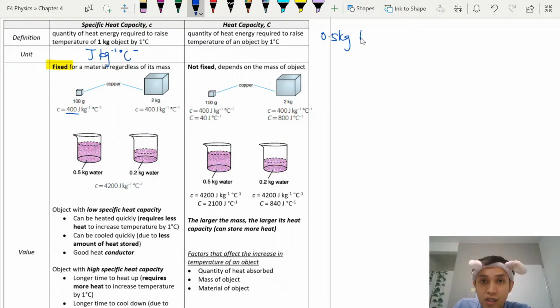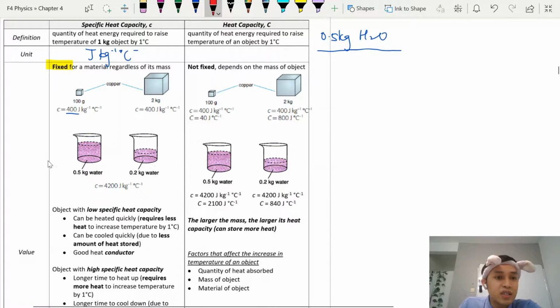I'm going to calculate this for you. For 0.5 kg of water, how much heat energy should I supply in order to increase the temperature? Let's say my temperature initially is 25 degrees Celsius, and I'm going to heat until, let's say, 40 degrees Celsius.